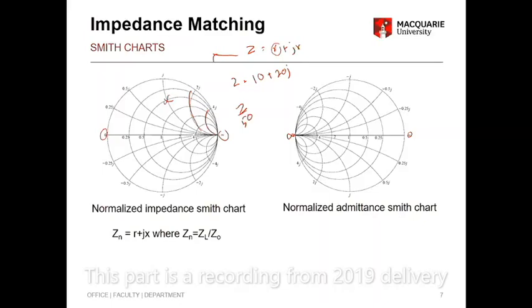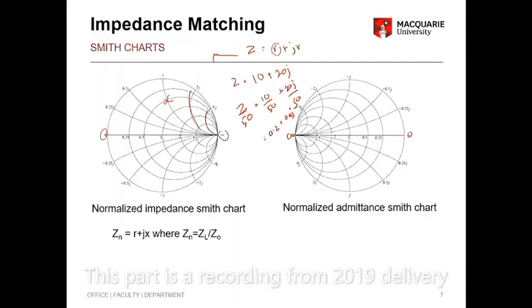So it's 10 divided by 50 plus 20j divided by 50. Now, this comes up to 0.2 plus 0.4j. Now that coordinate, you can represent it on this circle.